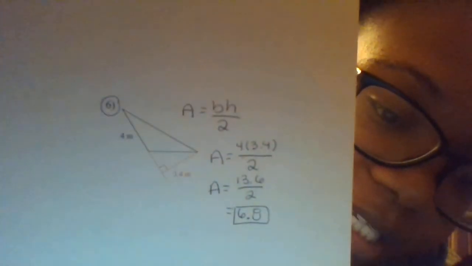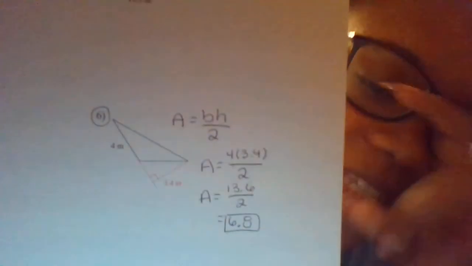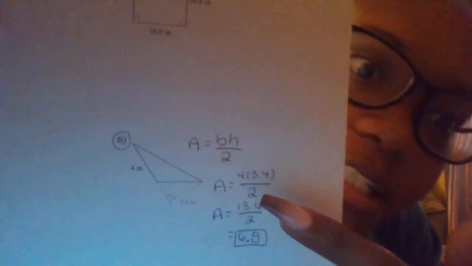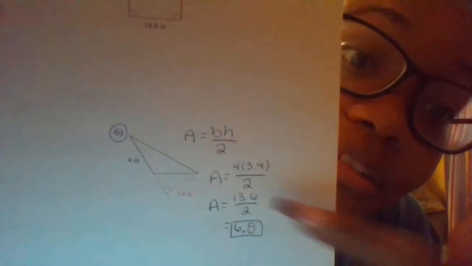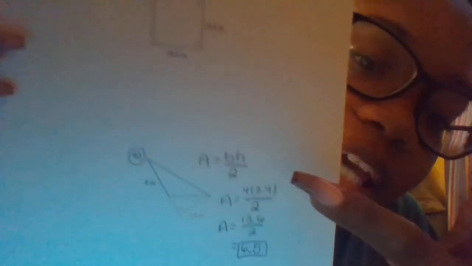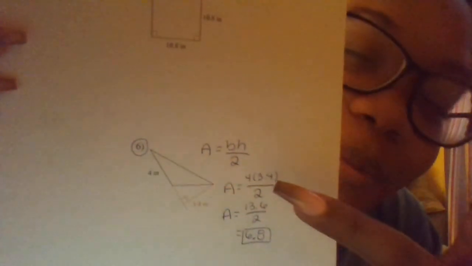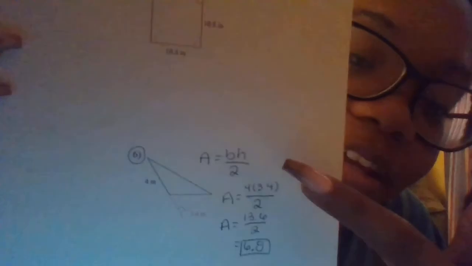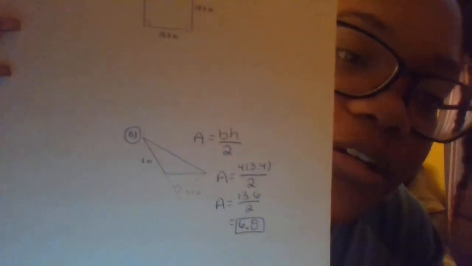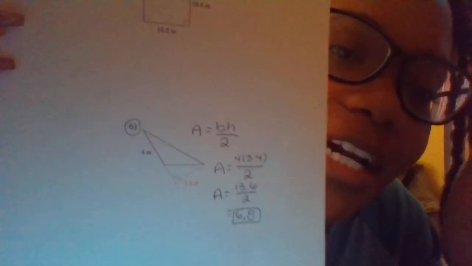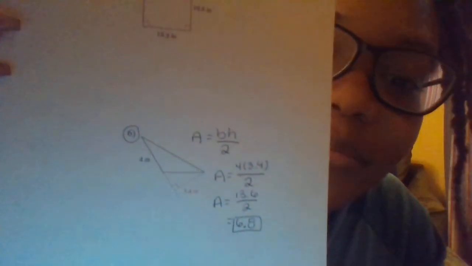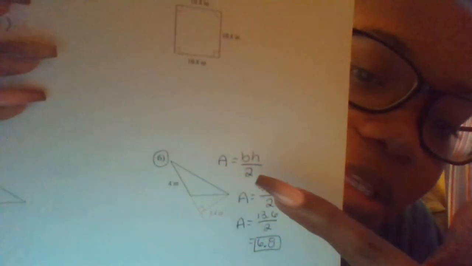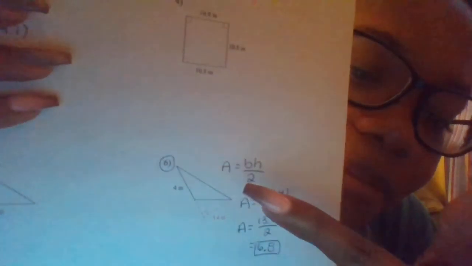The next problem that we're going to take a look at is number 6. Sorry if you can't see it. Number 6. This shape has three sides. It's actually not a quadrilateral. It is a triangle because it has three sides. The area formula for a triangle is going to be half the area formula for the rectangle, because we know that we can obtain triangles by cutting rectangles or parallelograms in half. So the formula is going to be base times height divided by 2.